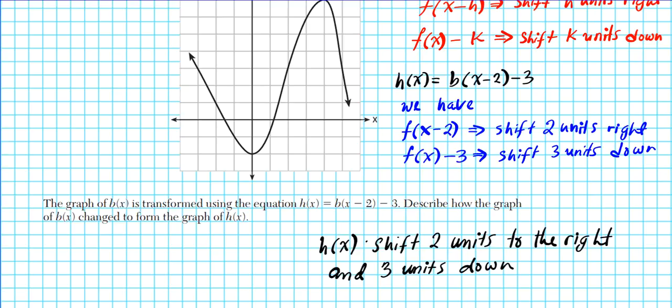And then just a side note, these translations are starting from b. Okay, so you're starting from b of x, and then you're carrying out the transformations on b of x in order to go from b all the way to h.